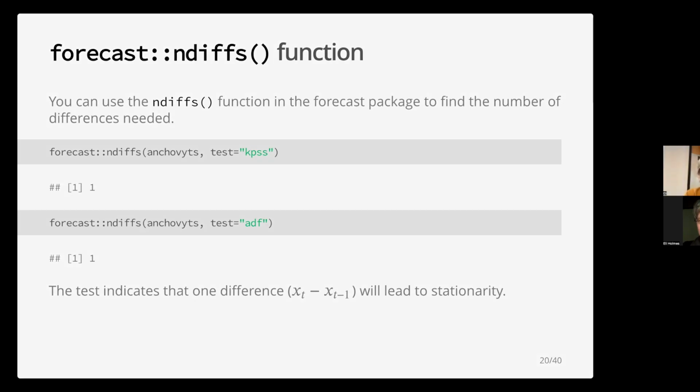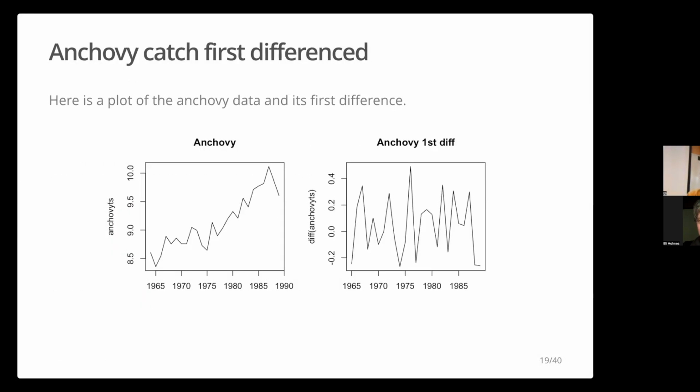And that one difference is getting rid of this trend for us. You can see that here. This is the plot of the original data. If I take the first difference, aha, there, it looks stationary. It's kind of flat.